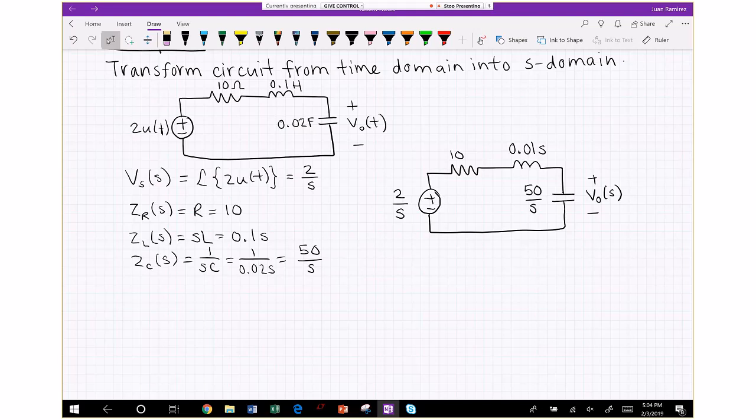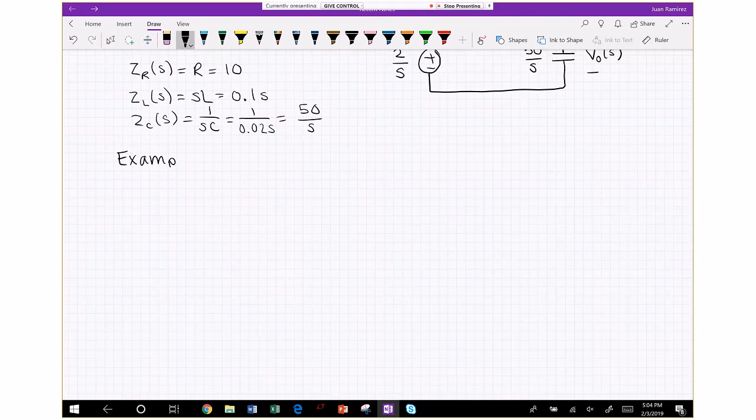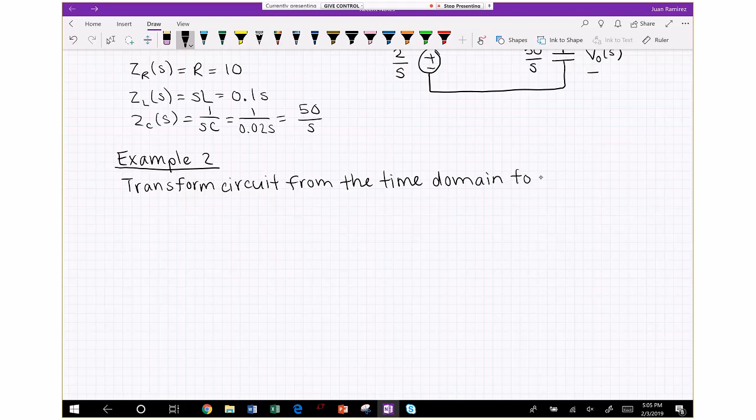Let's do one more quick example. We are going to again transform the circuit from the time domain to the S domain. Okay.